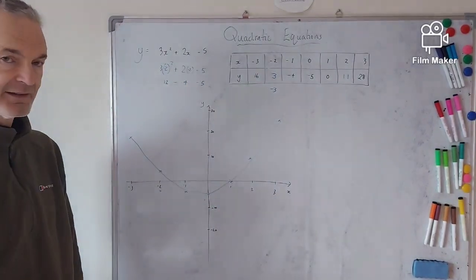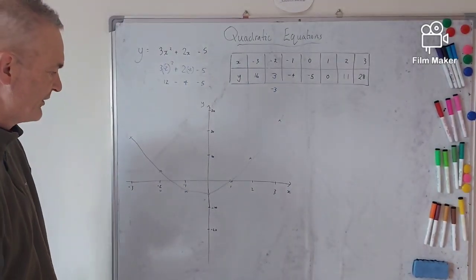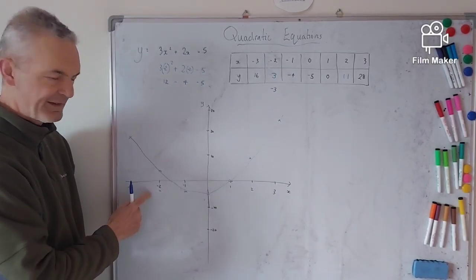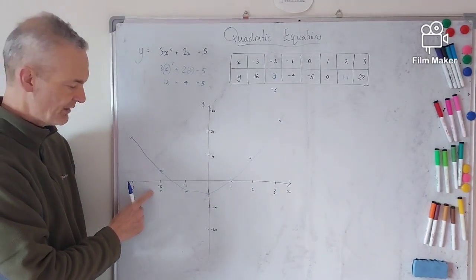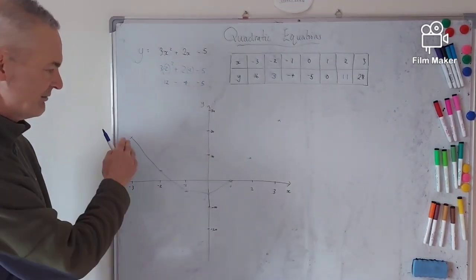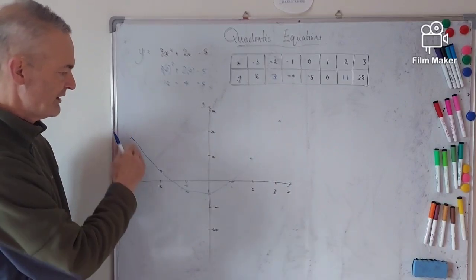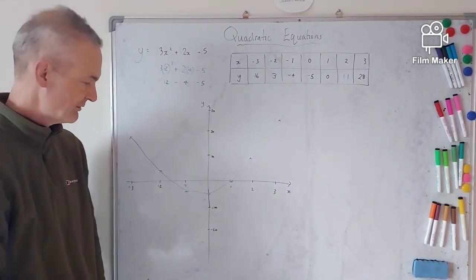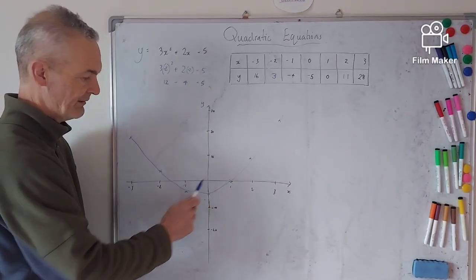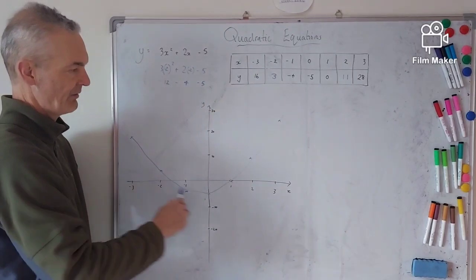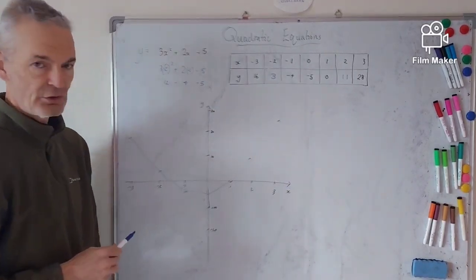There's your curve, and it's a parabola, a nice smooth curve. So this point here, if I plotted that one incorrectly, it would stand out and you'd know you got it wrong. The other thing is, make sure you join the points up with a curve. Don't be tempted to get a ruler out and draw straight lines between them, because that would be incorrect. This is a curve, and it must be a curve on your graph.